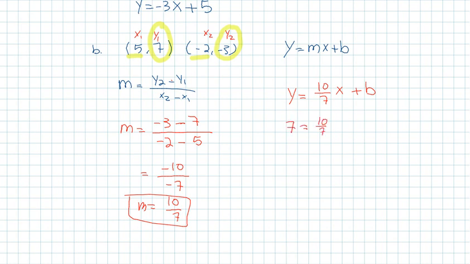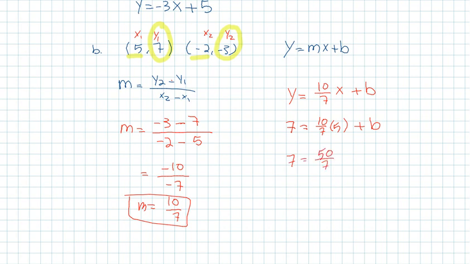You should see right now that the only letter I have available is b. That's the only one that I'm going to have to solve for. So this is where the fractions come in, and then everyone hates it, and you know, life is miserable. It's okay.